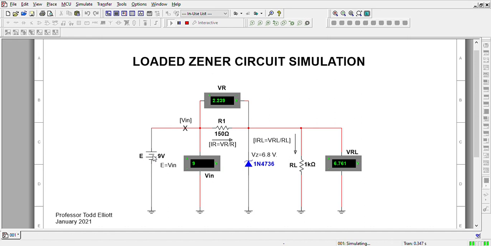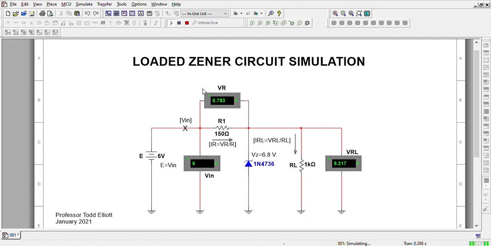And now I'm going to change this here. I'm going to intentionally lower it down to 6 volts. I want to intentionally get us below the Zener voltage. So we turn that on.